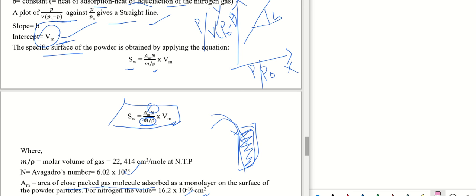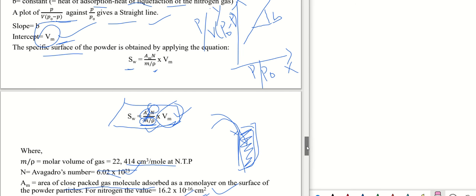So here this value Vm we'll get from the graphs. M by rho we will be getting from the experiment itself, amount of gas adsorbed, as molar volume of the gas. And N is also a constant, Avogadro's number constant. It is the Vm that helps us to calculate the specific surface area of the powder.